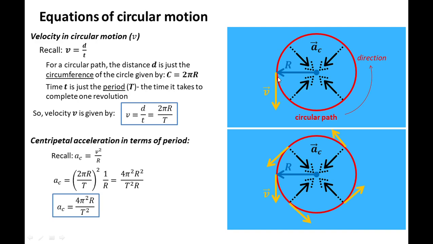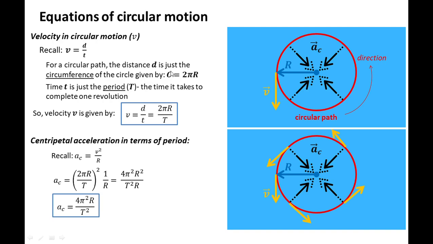Because if you calculate the total distance traveled by the object from the starting point towards the same endpoint, that is just equal to the circumference of this circular path.